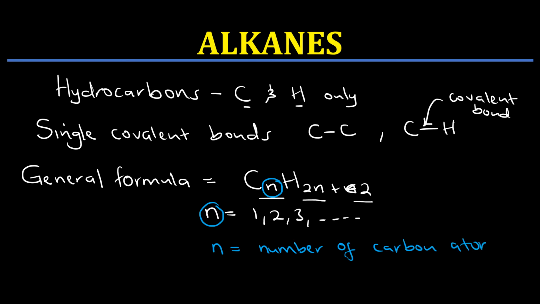So let us have a look at some of the alkanes that we can get when we use this general formula of alkanes. As we have seen, the general formula for our alkanes is CnH2n+2. But remember, the n and 2n+2 are all subscripts.